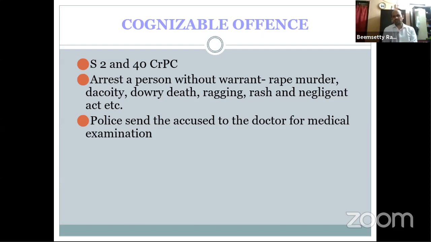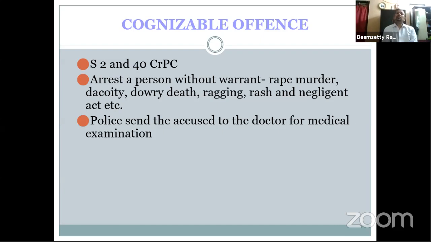Many mnemonics are there. 4 residents, 4R, includes rape, robbery, ragging, rash and negligent act leading to death.